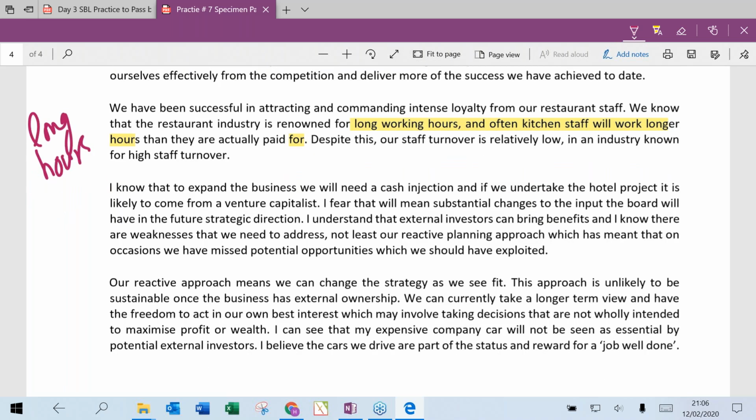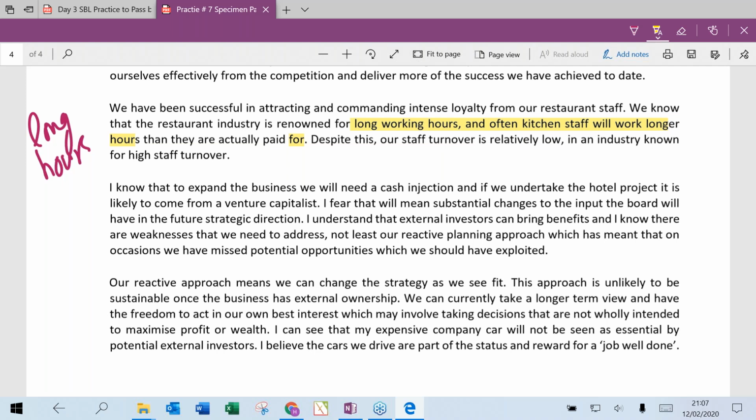Now, I know that to expand the business, we will need a cash injection, and if we undertake the hotel project, it is likely to come from a venture capitalist. I fear that will mean substantial changes to the input the board will have in future strategic direction.